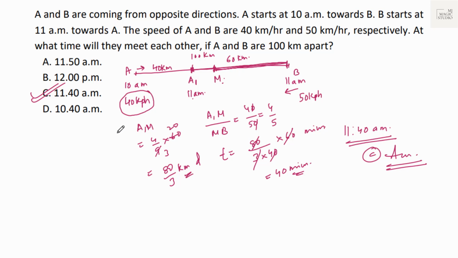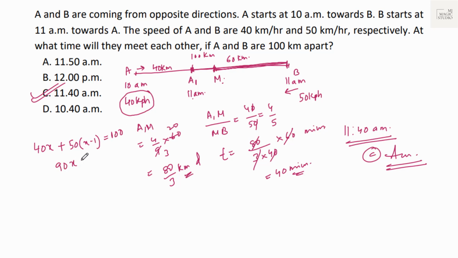Or else we can also do it directly with the help of time. Let them meet after x hours. Then the distance traveled by A in x hours is 40x and the distance traveled by B in x minus 1 hour, because it is starting after 1 hour, is 50 into x minus 1, and this should be equal to 100.